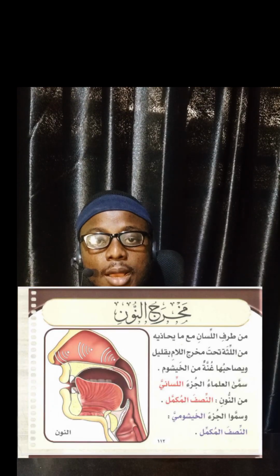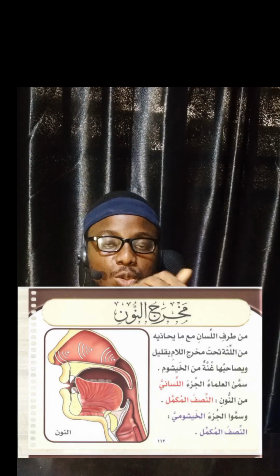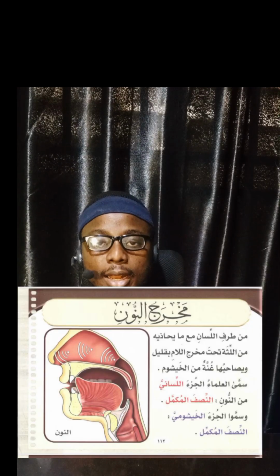So what do you notice? The tip of the tongue touches the gum behind the two front incisors, an, just like al, but the point of articulation of nun goes a bit backward, or we say lower.